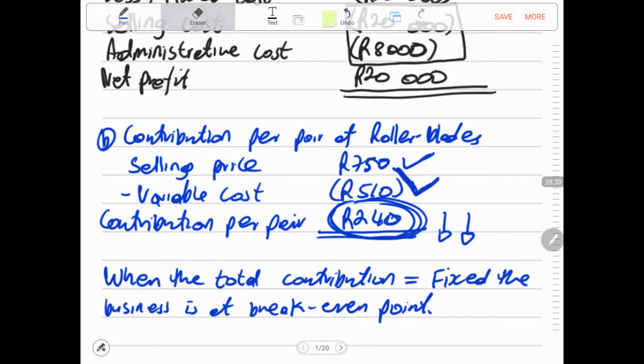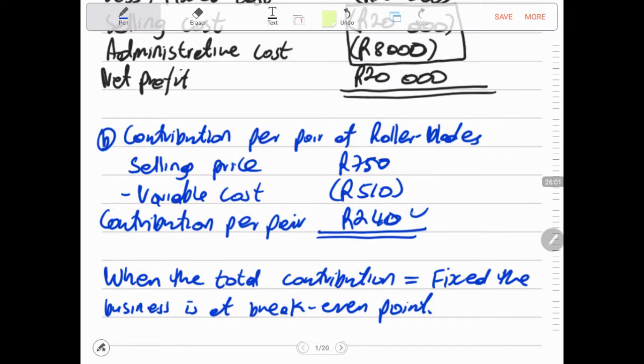And now let me just repeat this because it's very crucial. That is why when we are calculating break-even point, we say fixed cost divided by contribution. Now for every unit that we sell, the 240, which is after we have deducted variable cost, will contribute to fixed cost. It will go to the amount of fixed cost and reduce it. And the second unit to be sold, we take 240, we reduce our fixed cost.